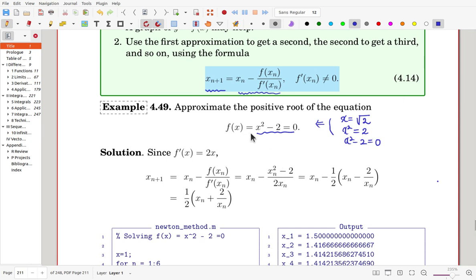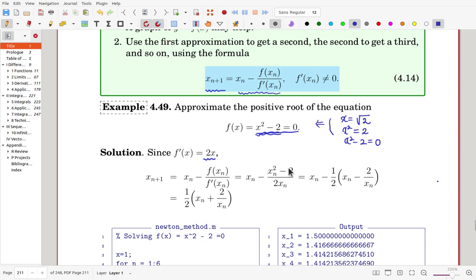Okay, but here for that equation, for this f of x, f prime is now 2x, and we put here for f of x, that is xn squared minus 2, and f prime xn must be 2xn. So exactly we follow the formula here. So we reach that one. Now you can separate out, so that half goes out, and this will make xn.